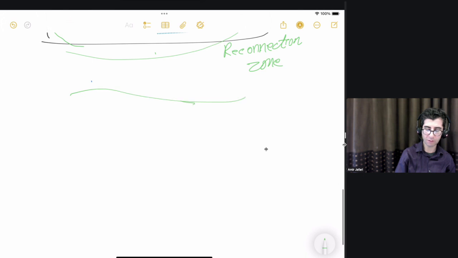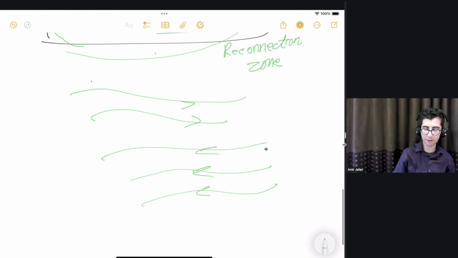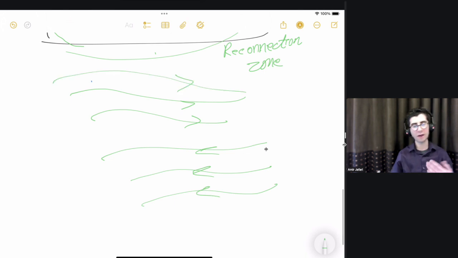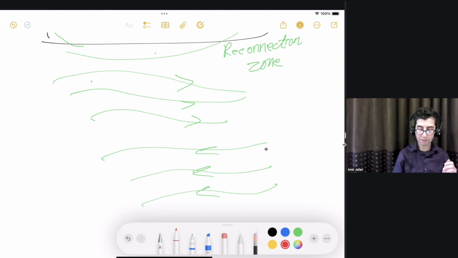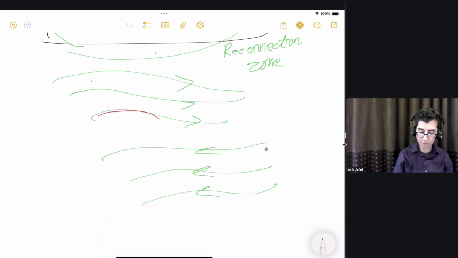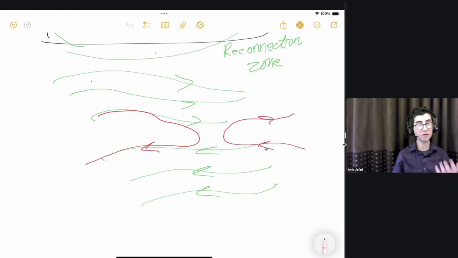You see evolving magnetic field lines approaching. It takes a while. You have some dynamics here, but all of a sudden you see something like this happens. So field lines, if you are interested in field lines, can be thought of as disconnecting and reconnecting.